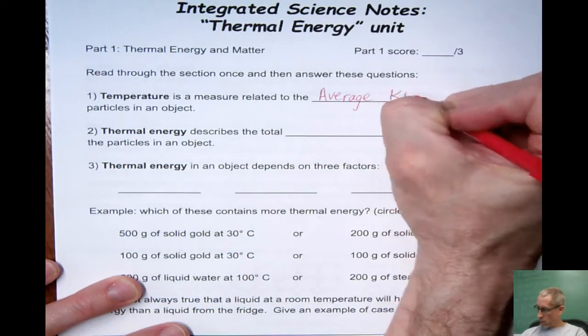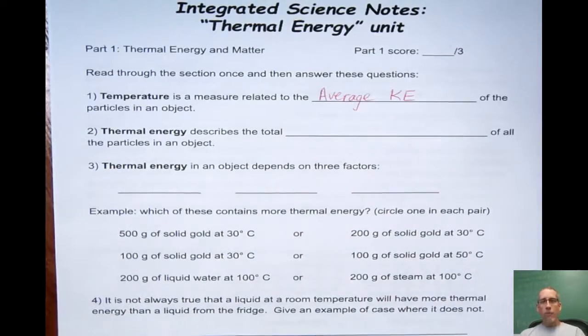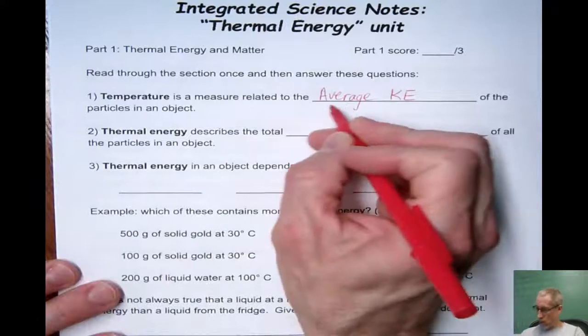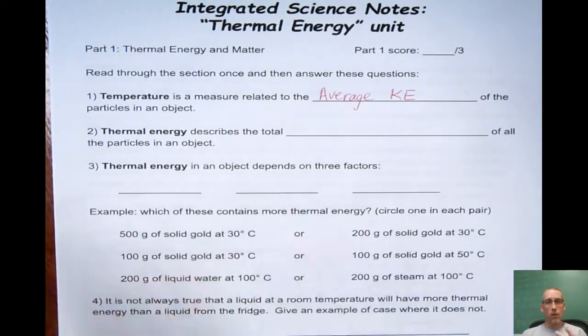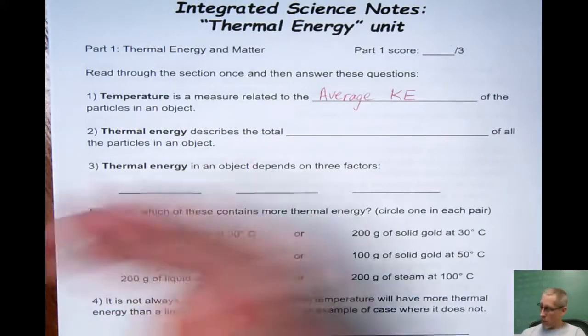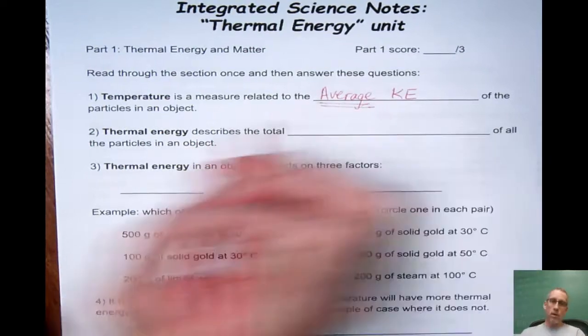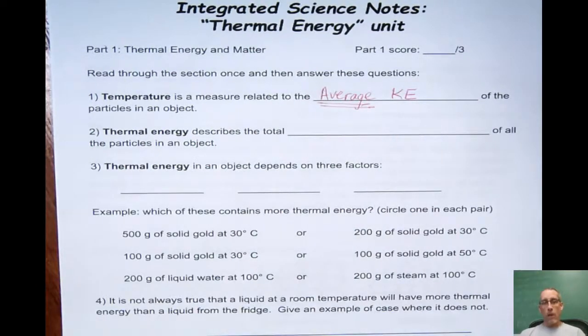I'll use our abbreviation that we've been using. The average kinetic energy of the particles in an object. And the important word here, I think you know what kinetic energy is. It has to do with how much motion the particles have. But we're talking about an average here. So if we have a lot of particles and they have a lot of energy, that doesn't necessarily mean that they have a high temperature. It just depends on how many you have.